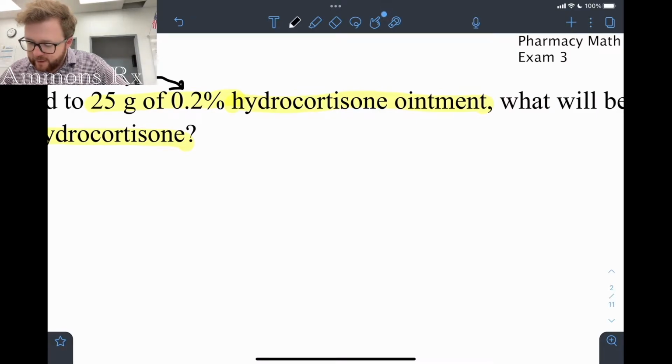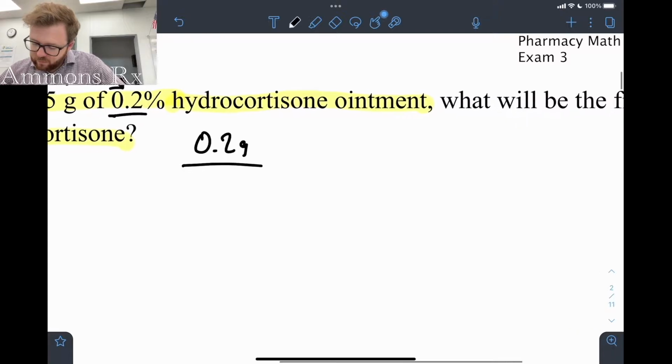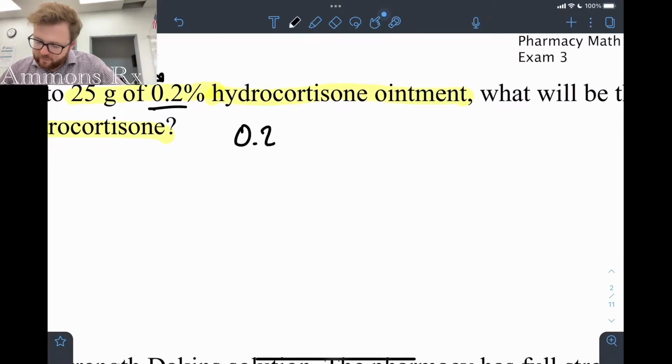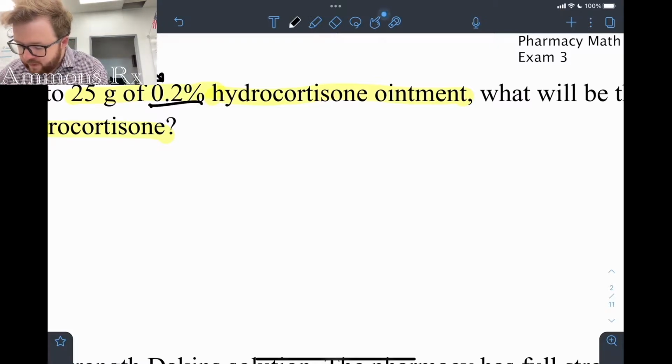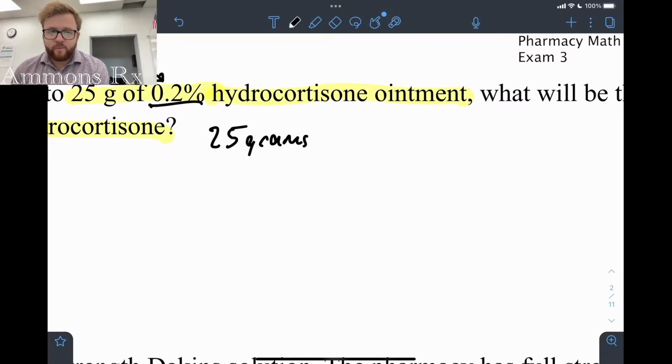So how we do that is we take our 0.2% and turn that into grams. Our 0.2% of a solid is actually 0.2% of the weight. So how much weight do we have with the hydrocortisone? We have 25 grams. Okay, and then just like the previous problem, when we had a percentage, the first thing we needed to do was convert it to a decimal.